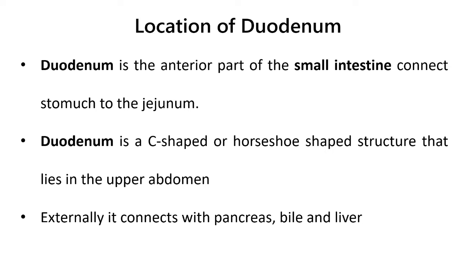Pancreas, bile and liver are the accessory organs of alimentary canal. Whatever secretion of pancreas, bile duct and liver, it is discharged into alimentary canal in the portion of duodenum. That is why the complete digestion of lipid takes place. So duodenum is an important part of small intestine.